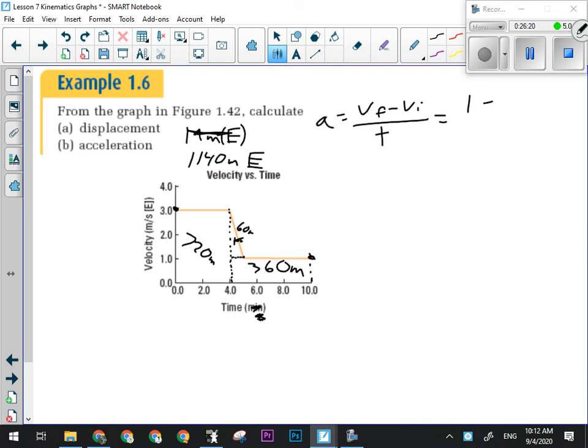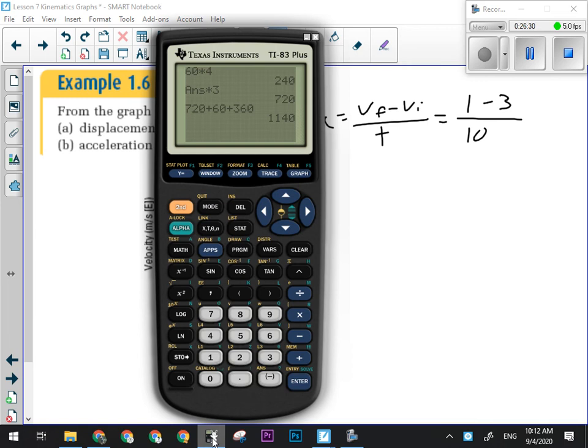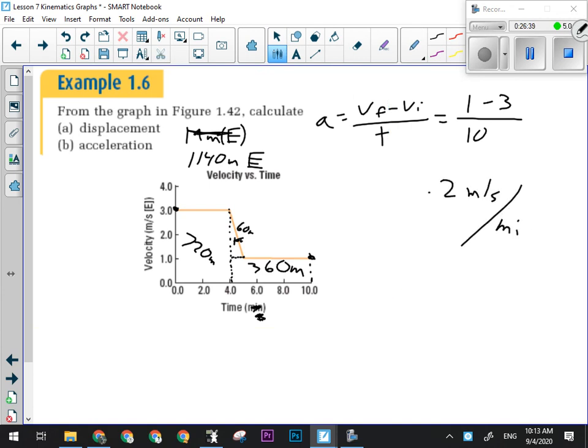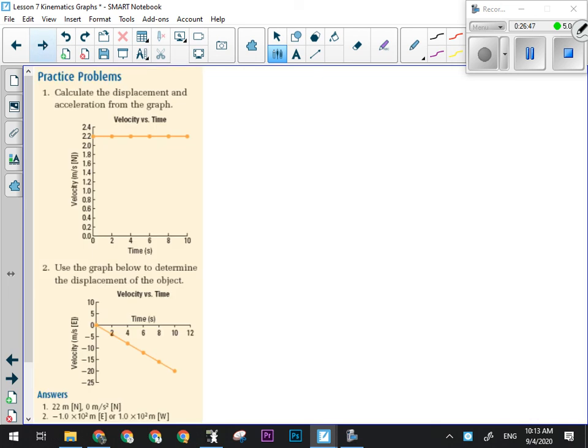So that's 1 meter per second minus 3 meters per second over 10 minutes. It's not a very big acceleration if it's in meters per second per minute. So we got 0.2 meters per second per minute. Terrible units, but that's what we got.